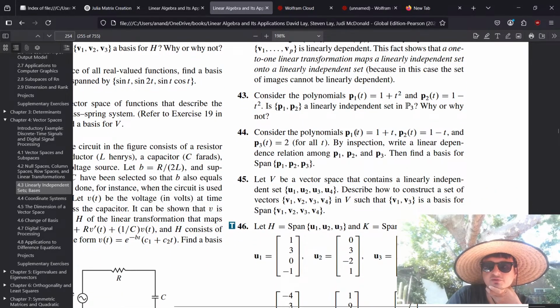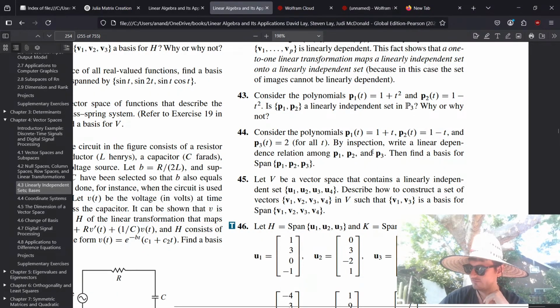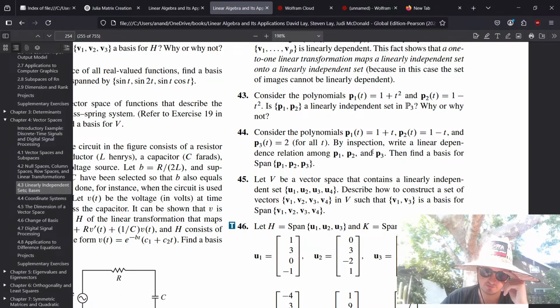Consider the polynomials p1 equals 1 plus t, p2 equals 1 minus t, and p3 equals 2. By inspection, write a linear dependence relation. Okay, so you just take p1 plus p2. The dependence relation for 44 is p1 plus p2 is equal to p3. So that means we should be able to just remove p3, right?